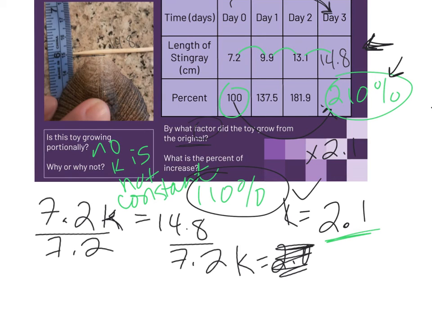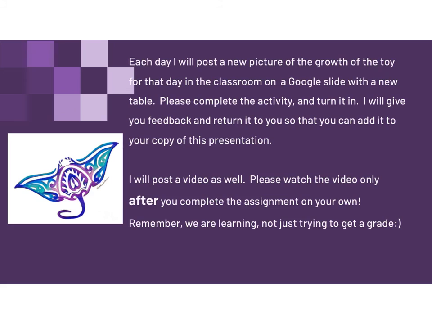Well, it's 210%. This year, you say that if it's 210%, then it increased by 110% because it started at 100% of its size. Now it's 210% of its size, so it increased 110%. It's a matter of getting all of those skills that you know how to do, categorizing them, and making sure you're answering the question that has been asked. Next week we'll do notes, we'll do practice, and we'll be fine.